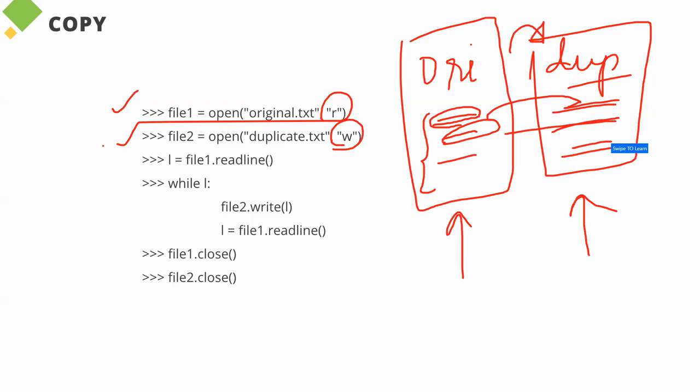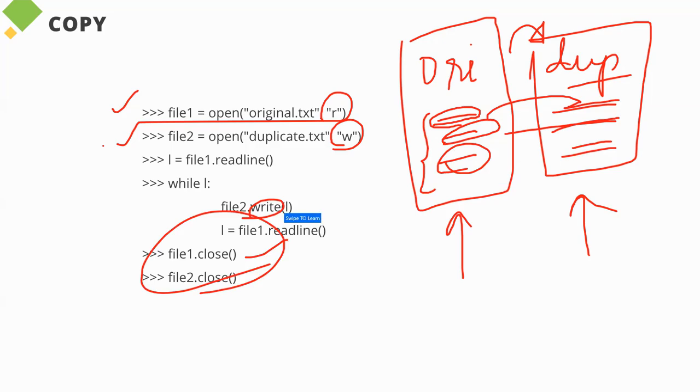Okay, if you want to add content, suppose the duplicate already has some content and I want to append, then you use append mode here. After completion, I have copied all the original content into the duplicate. Now I am going to close the files. Closing the file is very important and crucial.